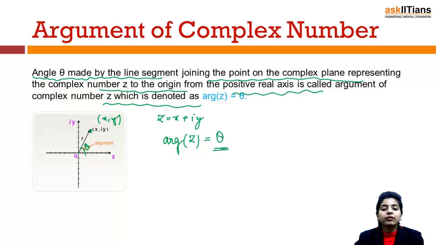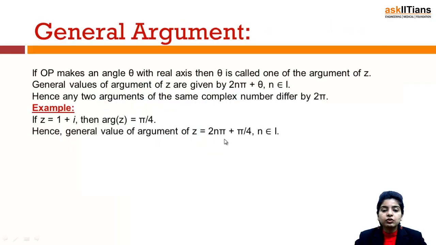Now, as I've told you, in case of argument, we'll be discussing three types of argument, which is general argument, then principal value of argument, that is also amplitude, and then least positive argument. First of all, we have the general argument. If OP makes an angle theta with real axis, then theta is called one of the arguments of z.